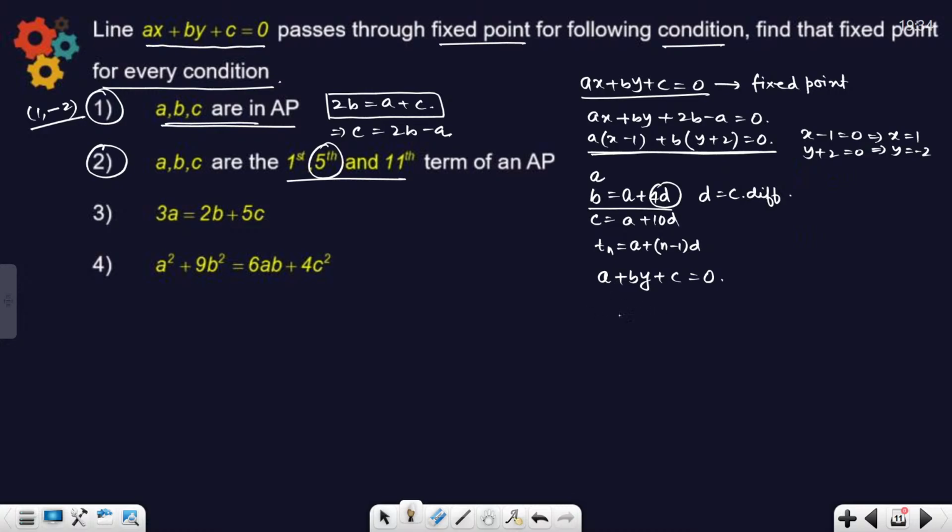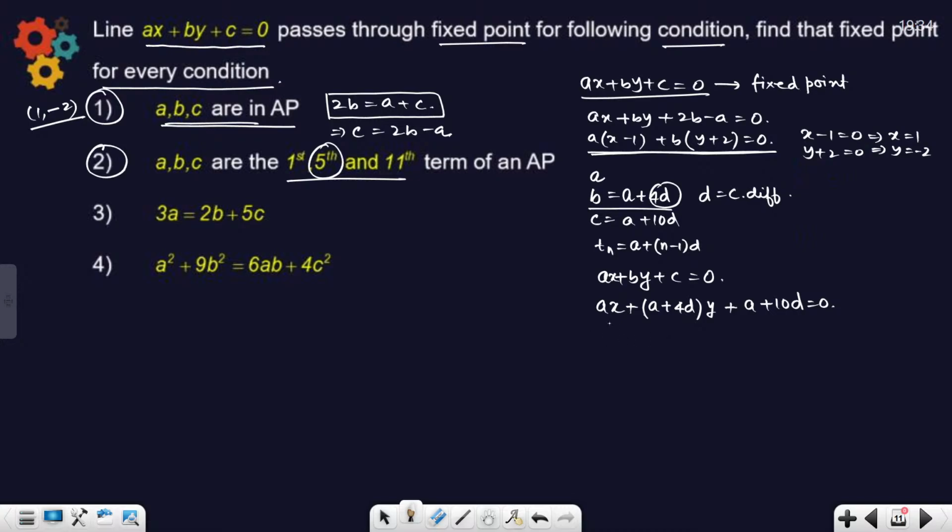Okay? So, Ax plus By plus C equals 0. Now, in place of A, let it be there. In place of B, you write A plus 4D, y plus. In place of C, you write A plus 10D, which equals 0.